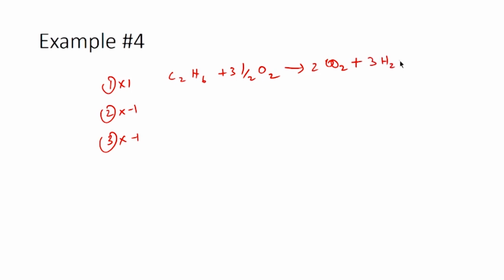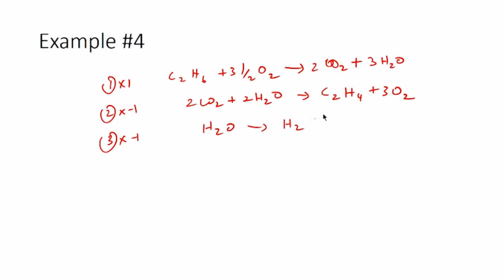and the next equation would be 2 CO2 plus 2 H2O gives C2H4 plus 3 O2. So, this is basically the reverse of the second reaction which we had, and similarly the reverse of the other reaction would be H2O gives H2 plus half O2.